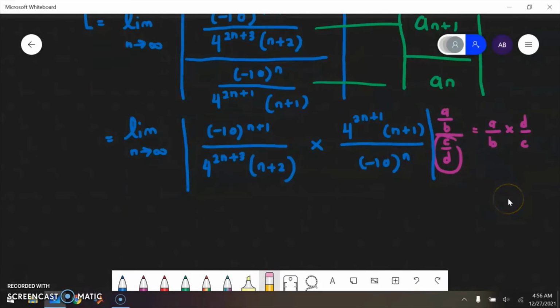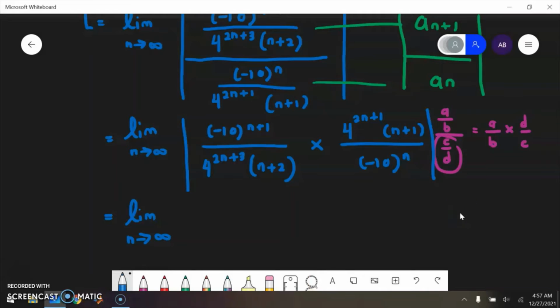I don't have to erase this. Okay, so this is what you get. Now what you do is simplify the term and find the value for L.